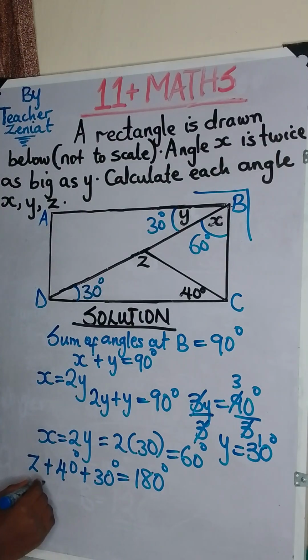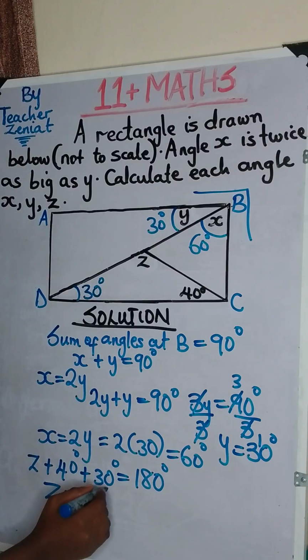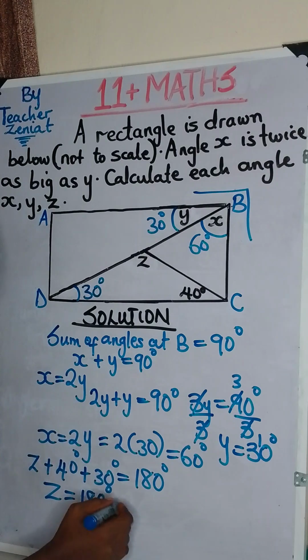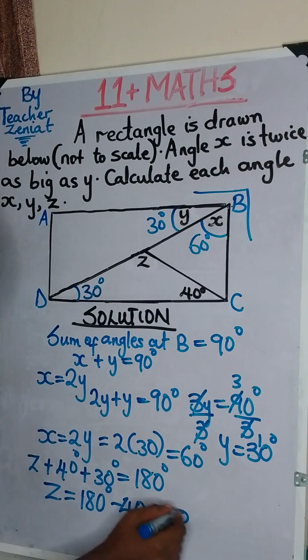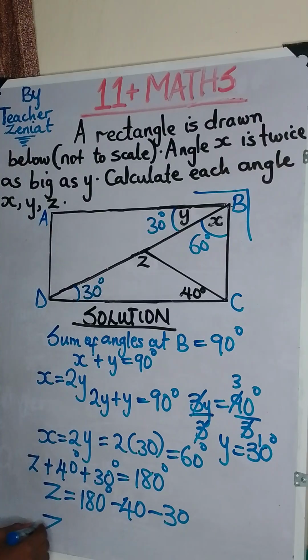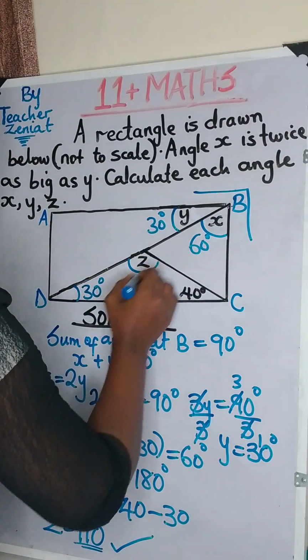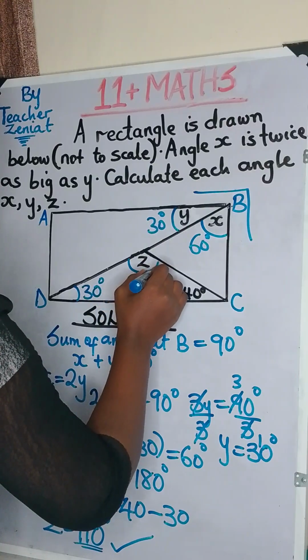Now let's make Z subject of the formula so that we have Z is equal to 180 minus 40 minus 30. And when we subtract it, our Z will be equal to 110 degrees. And this is our answer. So our Z here is 110 degrees.